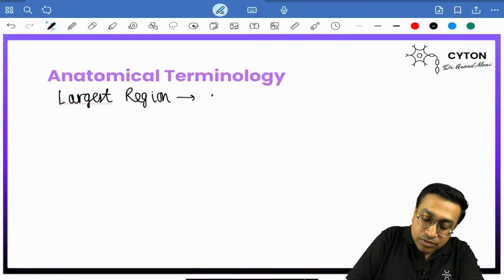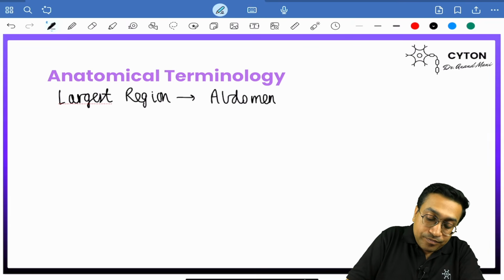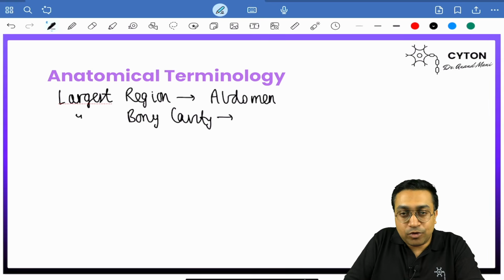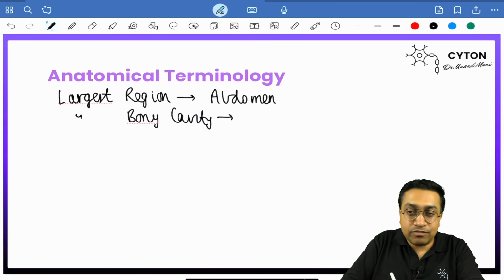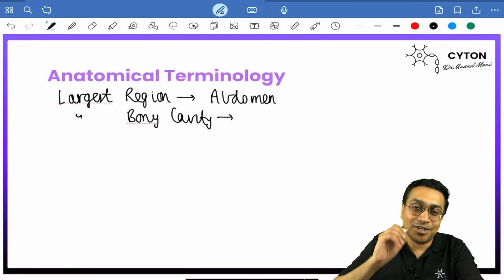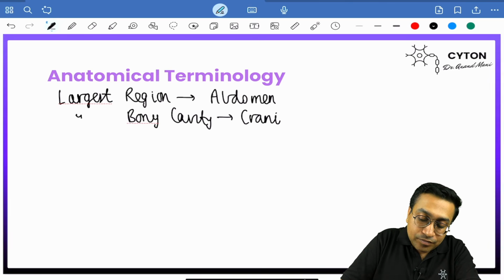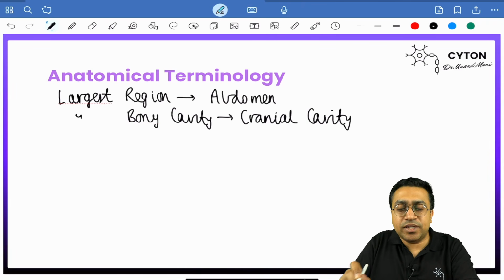Now you know these terms, abdomen, what we are talking about, okay. And largest bony cavity, I am not writing of human, we are talking about human beings only, okay. We are not veterinary doctors, we are going to be practicing allopathic doctors, we will study only the human body, okay. So the largest bony cavity is the cranial cavity, okay. You study all these things in detail, okay.